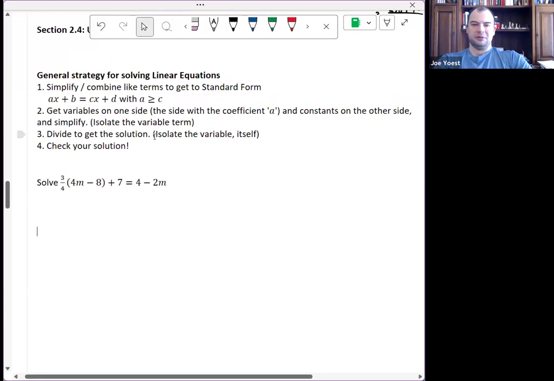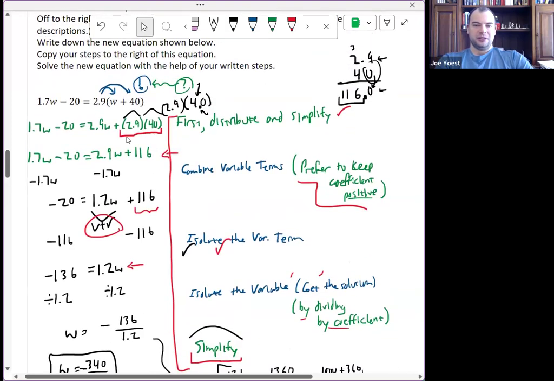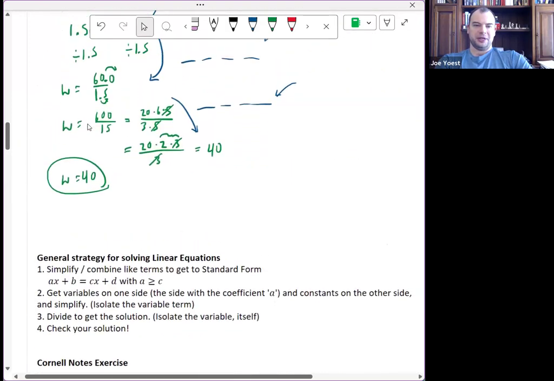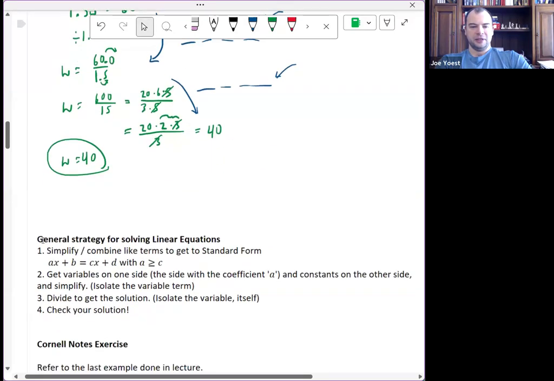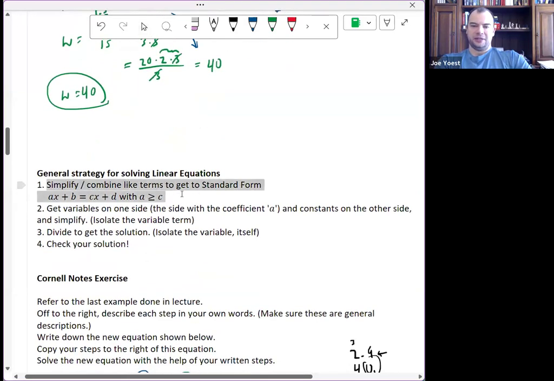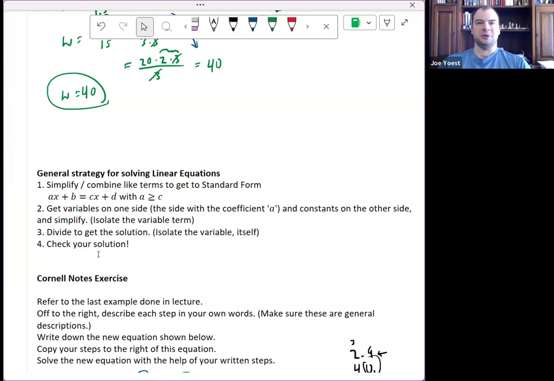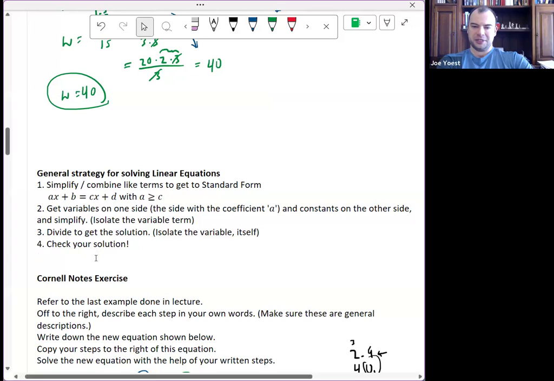Okay, and we saw from up above that we had looked at some simpler examples where we didn't have to do simplification at the beginning, but we maybe want to add in this step one here, simplify, combine like terms. We want to get each side of the equation, each expression, as simple as possible before we start doing any equation solving steps.